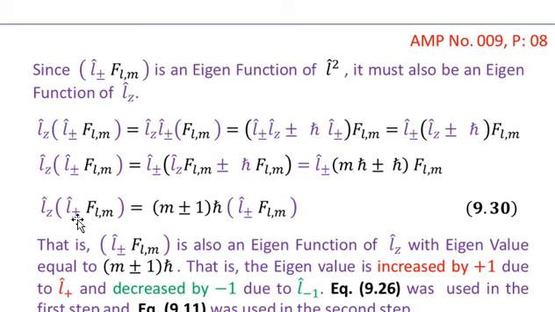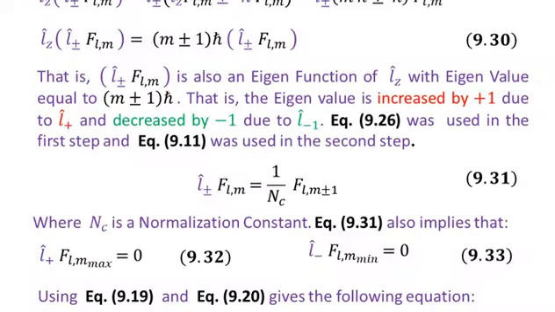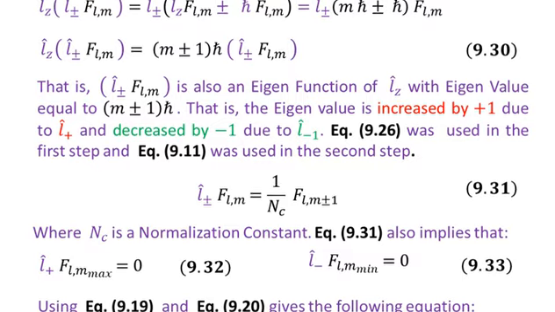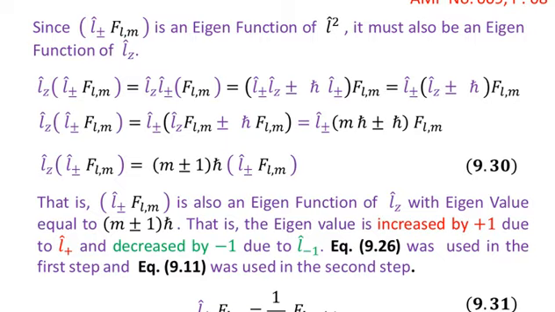That is, when it contains L plus, the eigenvalue will be m plus 1 h bar. And if you talk about the L minus operator, the eigenvalue will be m minus 1. So it means that when Lz operates on L plus, it gives you the eigenvalue corresponding to the higher state. And when Lz operates on L minus, that is the lowering operator, it will give you the eigenvalue corresponding to the lower state.